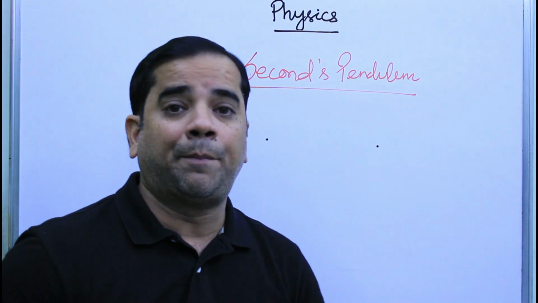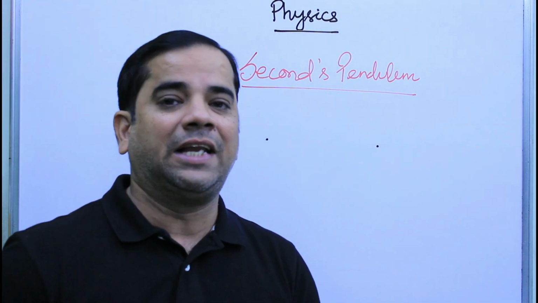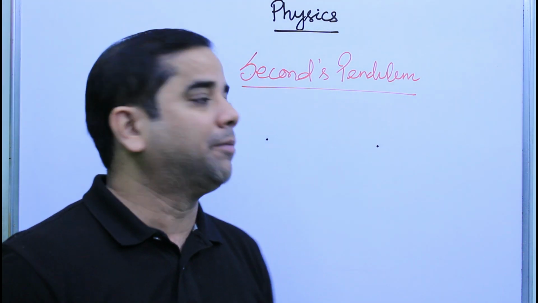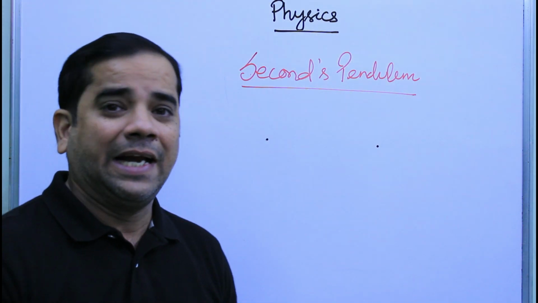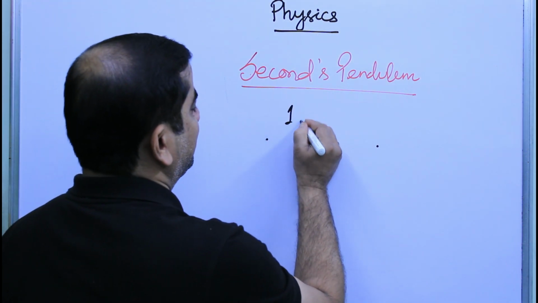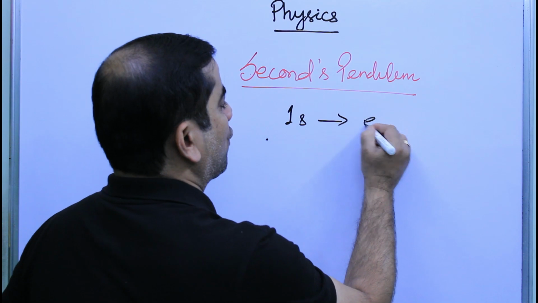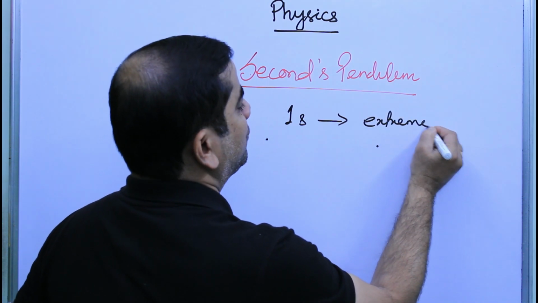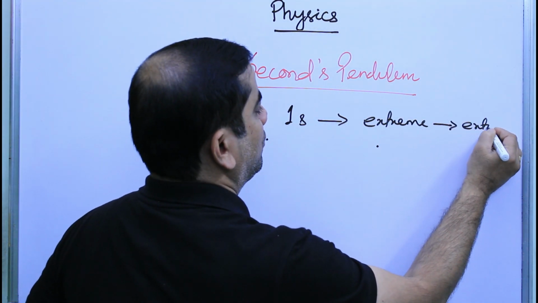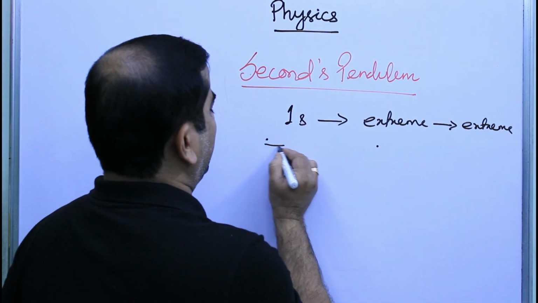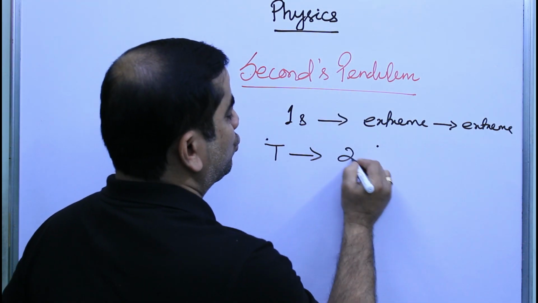Okay, students, the pendulum of a clock that we generally use at home is nothing but a seconds pendulum, and it takes 1 second to travel from extreme to extreme. That is why the time period is 2 seconds.